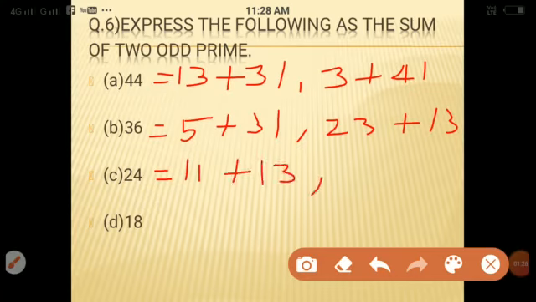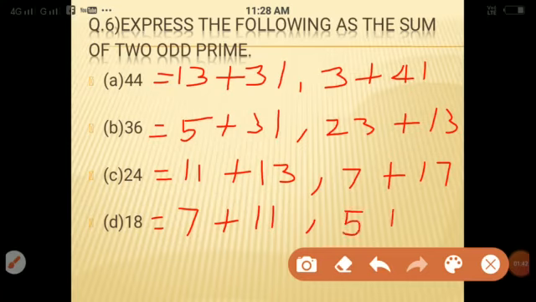And the next combination is 7 plus 17. The next number is 18: 7 plus 11 and 5 plus 13. These numbers I have taken in the form of addition. They are only odd prime numbers.